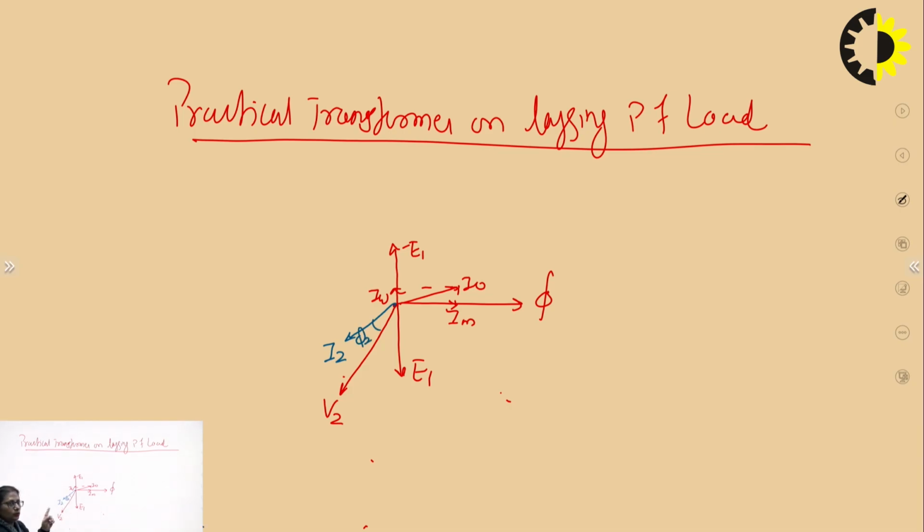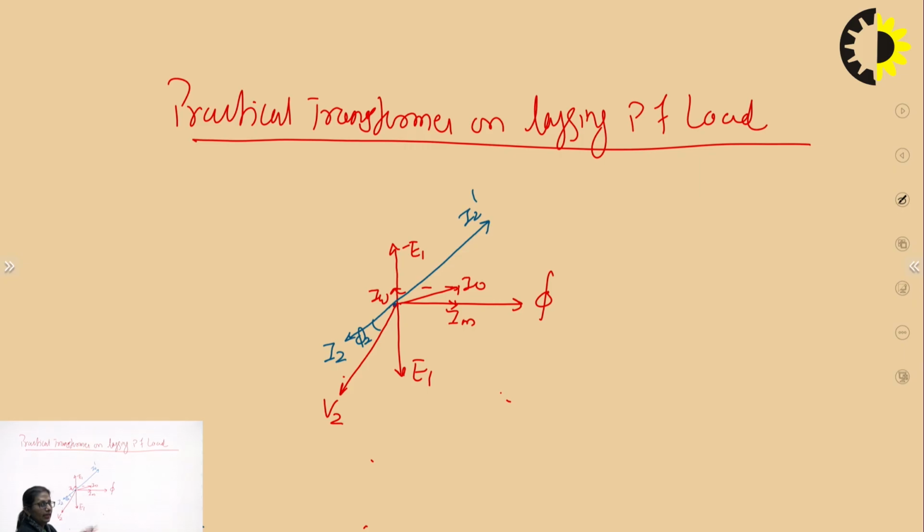If I2 is here, where should I2 dash be? We have just learned that I2 dash is minus K times I2. Say K is 1, or I may assume K is greater. So it will be in antiphase to it. This will be I2 dash.